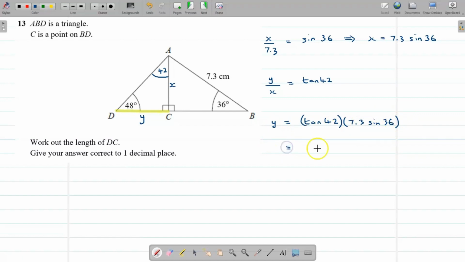If you put that on the calculator, making sure, of course, that it's in degrees, it comes out to be 3.863, etc. And that's equal to 3.9 centimeters to 1 decimal place. And that's the answer that you were required to give.